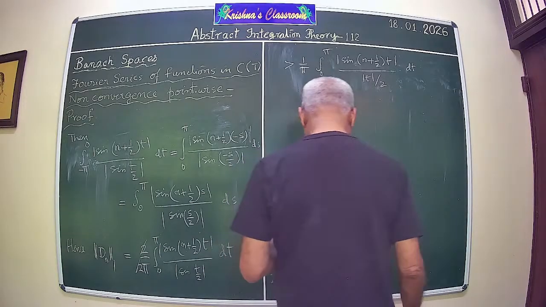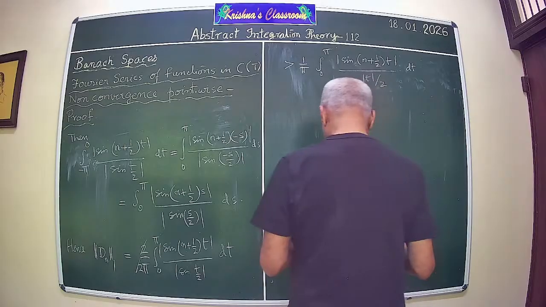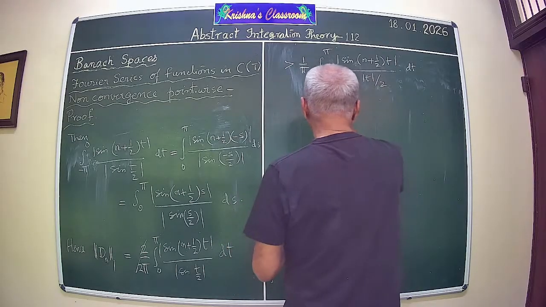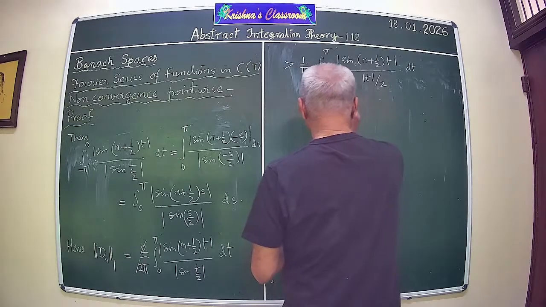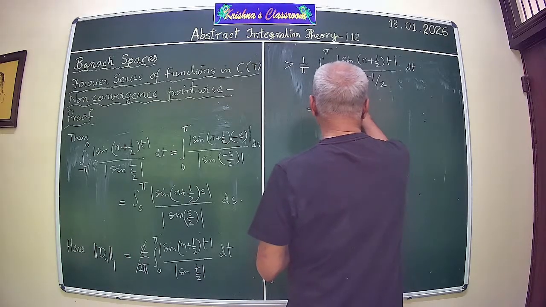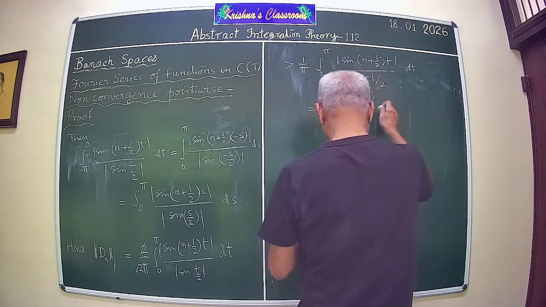Now this in fact you can write as 2 by pi in an obvious way, 0 to n plus pi.